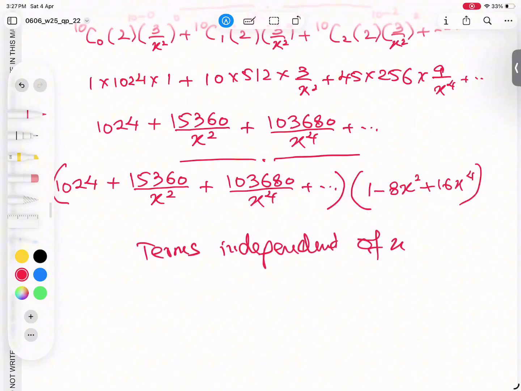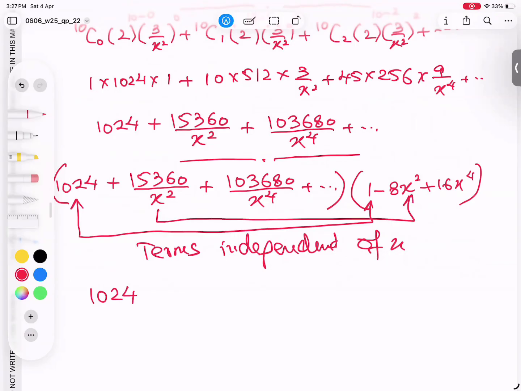When this number multiplies with 1, I will get the term which has no x involved. When this multiplies with this, this x squared will cancel out. Minus 8, I'm going to multiply with that. Minus 8 times 15360, I'm getting here minus 122880.